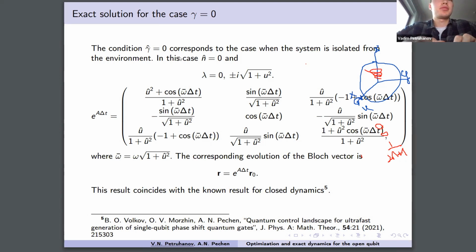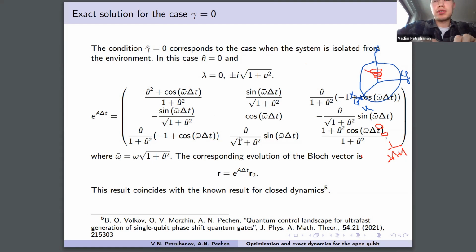When gamma equals 0, it is when the new notation in coefficient control n equals 0. And we have the following matrix exponential. And the evolution is the matrix exponential multiplied by the initial state, and there is no additional term.